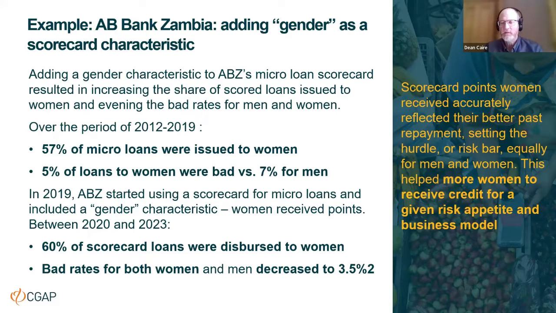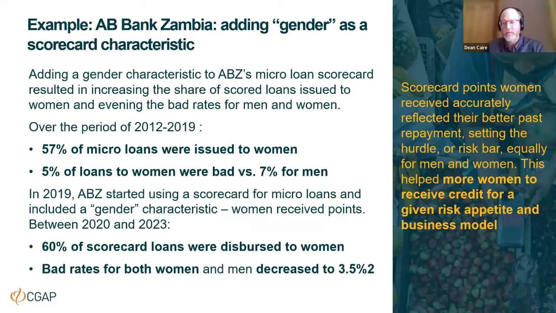In the case of AB Bank Zambia, we developed a scorecard with them in 2019 and analyzed 7 years of data, which is a lot. 3 years is usually enough, but we analyzed 7 years, and in that period they had 57% of their loans to women, and women repaid at a rate of 5% bad, and men were 7%. So much like the Time data, just by coincidence.